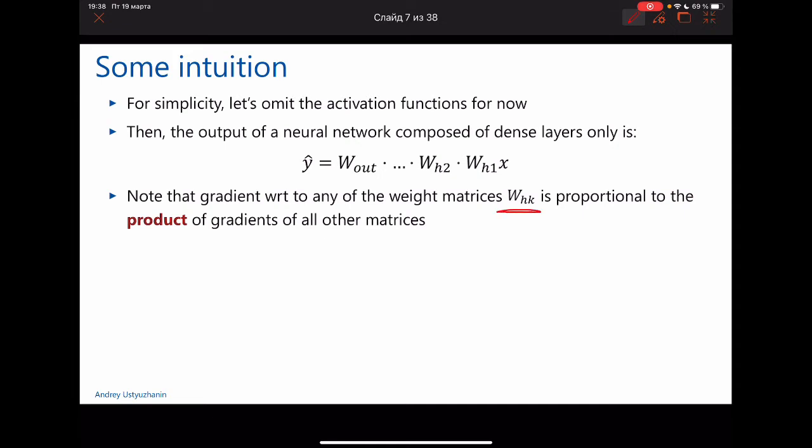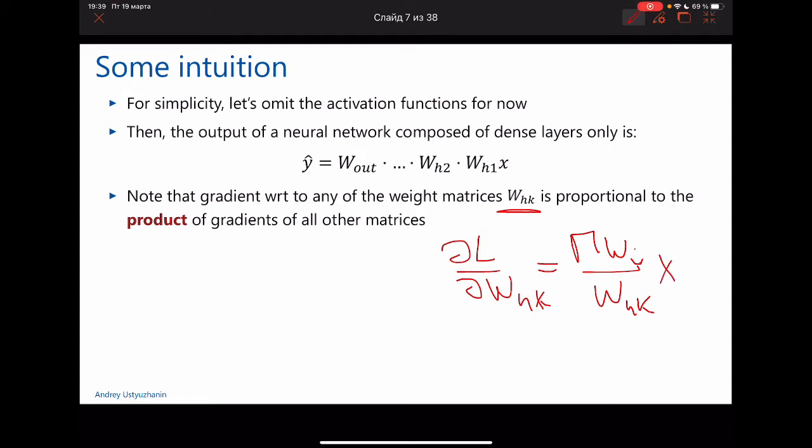If we compute the gradient of the loss function with respect to something in the middle, it would be the multiplication of all weight matrices except for the one that we want to compute the gradient for, multiplied by x.